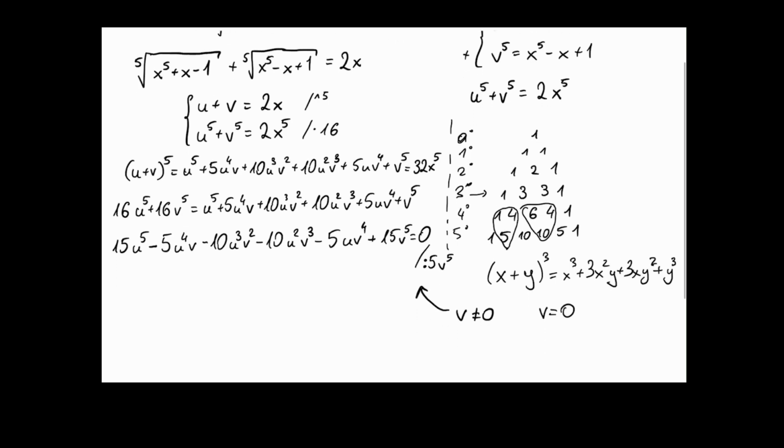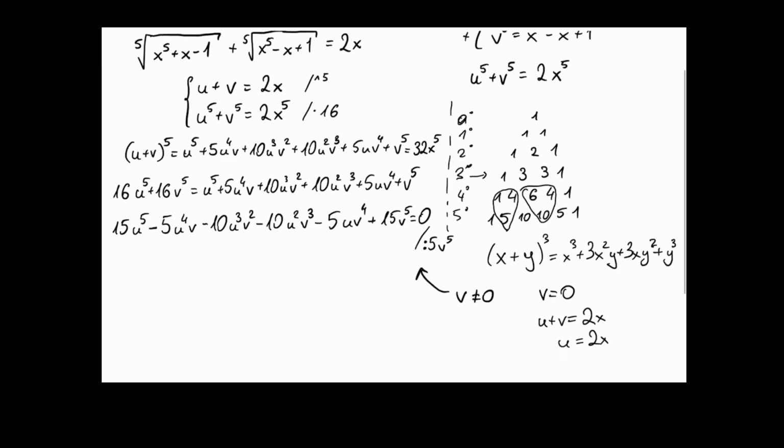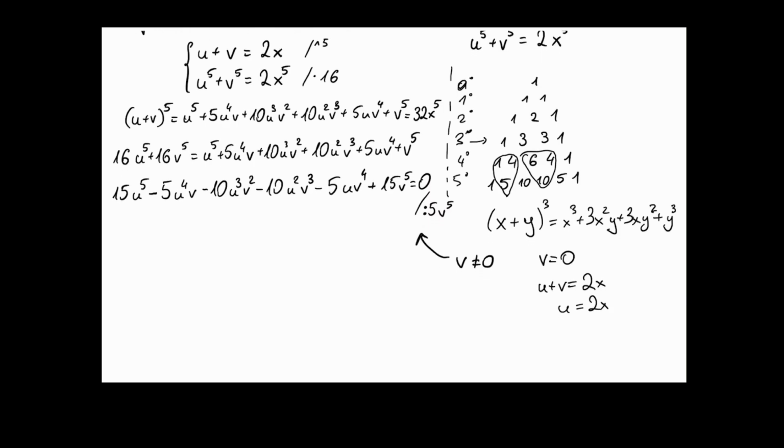So if v equals 0, then look at this. u plus v equals x. So u equals x. But then what? u to the 5th power plus v to the 5th power equals 2x to the 5th power.